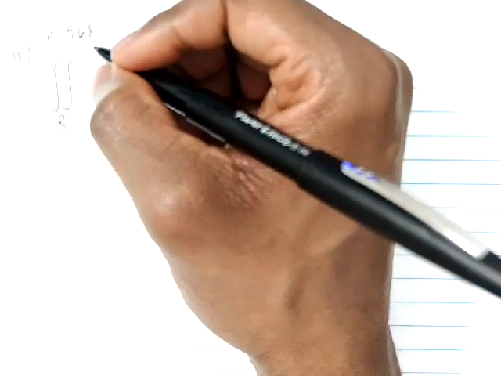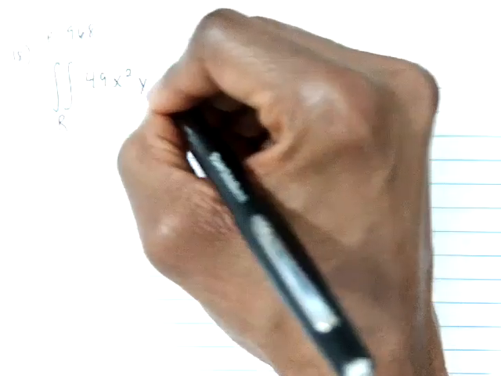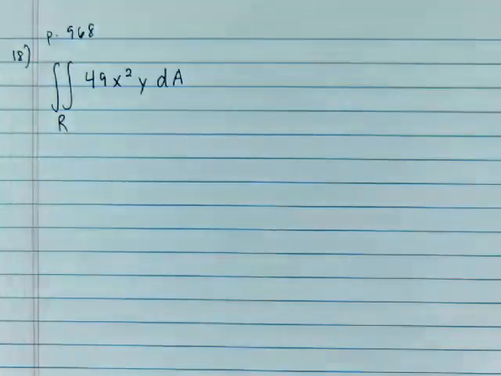And 18 says the double integral over R of 49x squared y dA, where R is the region bounded by the lines 2x minus y equals 1, 2x minus y equals negative 2, x plus 3y equals 0, and x plus 3y equals 1.